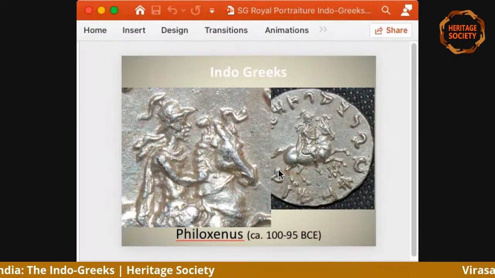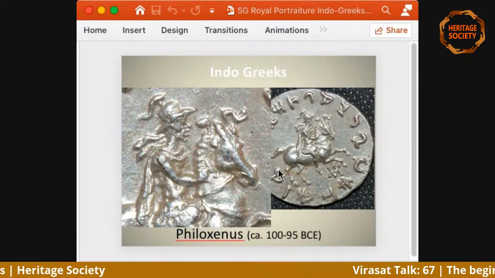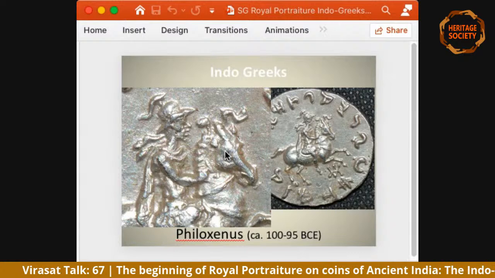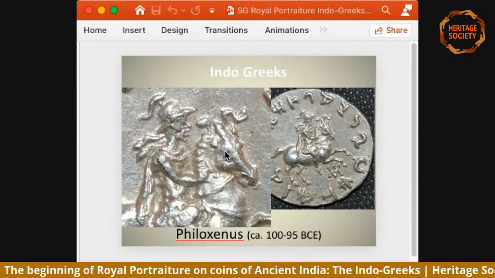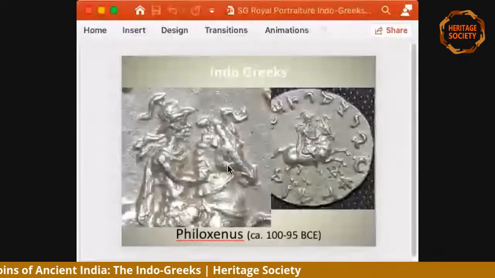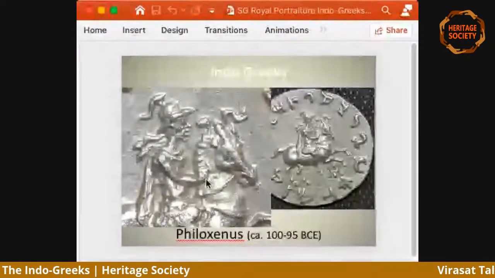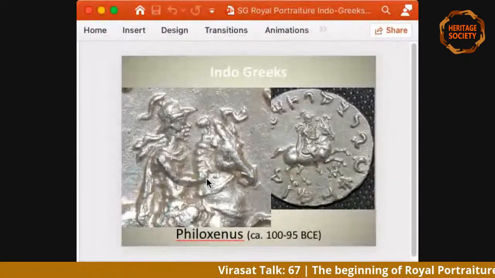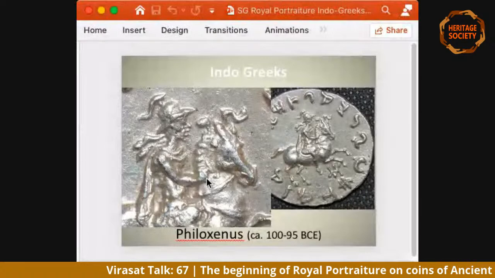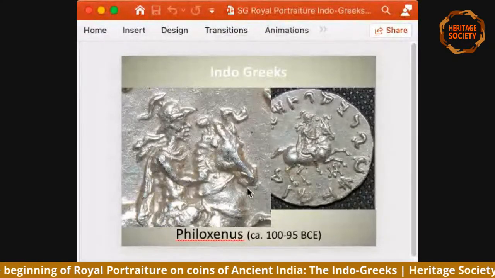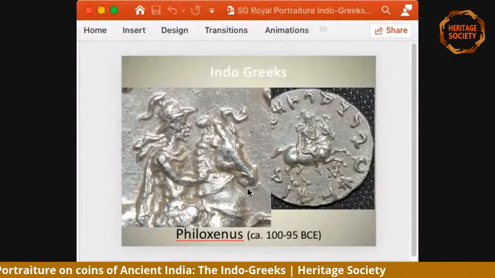This is a close-up of the horse rider. From the art history point of view and from the point of view of the realistic depiction, you see the face of the horse is shown in three-quarter profile. And if you look closely, you can see him in action, especially the flaring nostrils of the galloping horse.